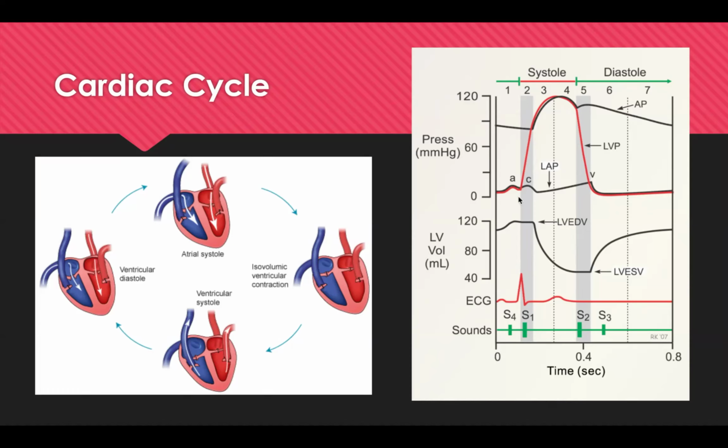You can also see that heart sounds occur at different points. So the first sound is here as the mitral and tricuspid valves close, and then the second heart sound is the sound of blood flow as the pulmonary and aortic valves close.